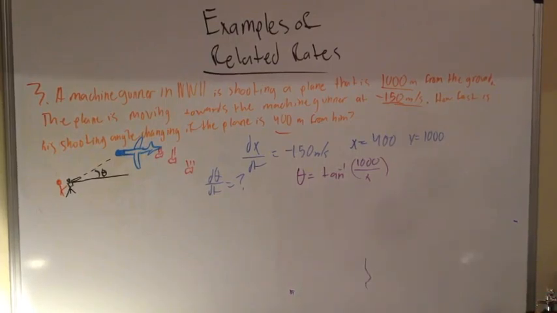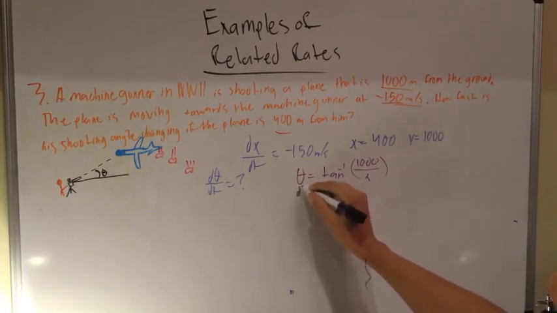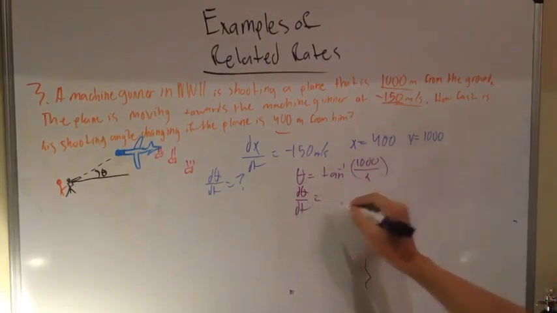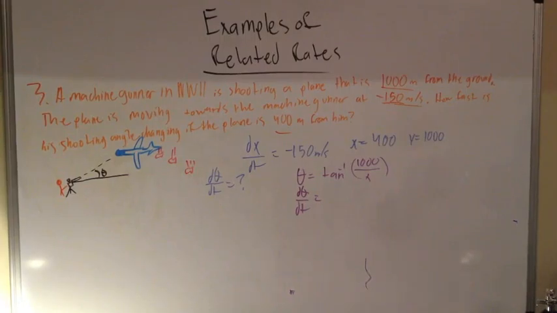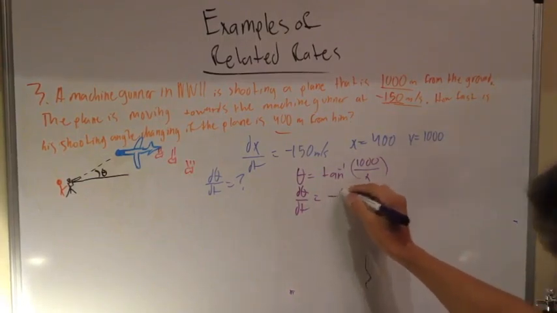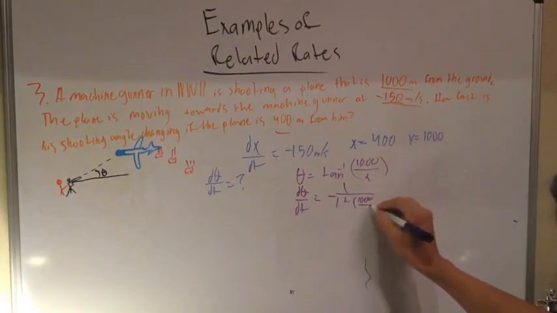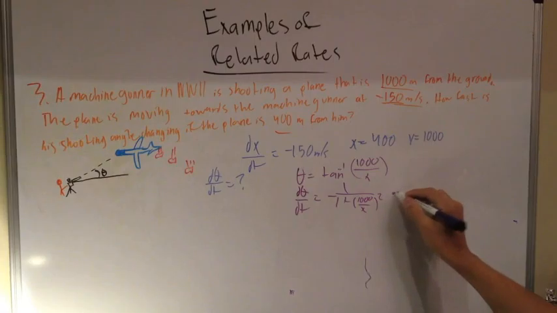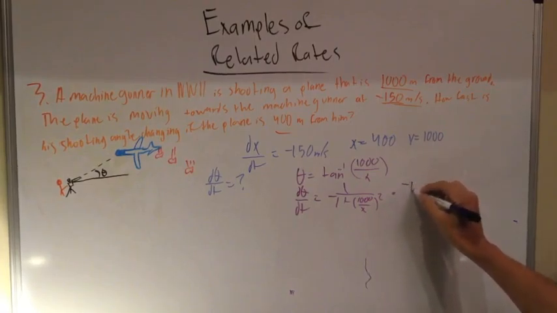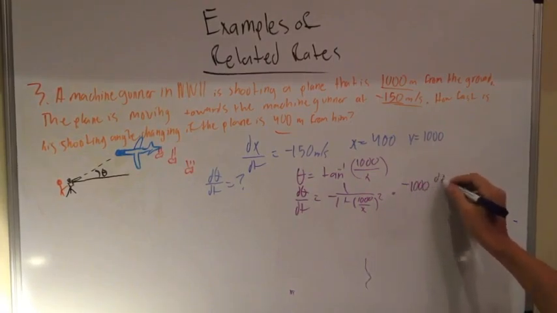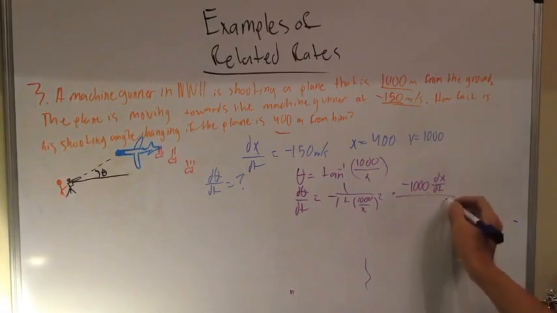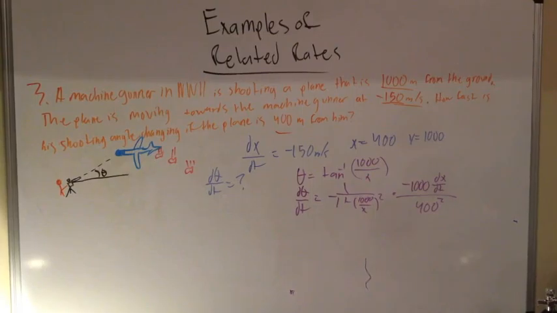So to find the rate of change of the angle with respect to time, we differentiate both sides of the equation, leaving us with d theta/dt equals negative 1 over 1 plus (1,000 over x) squared, times negative 1,000 dx/dt over x squared, but x equals 400.